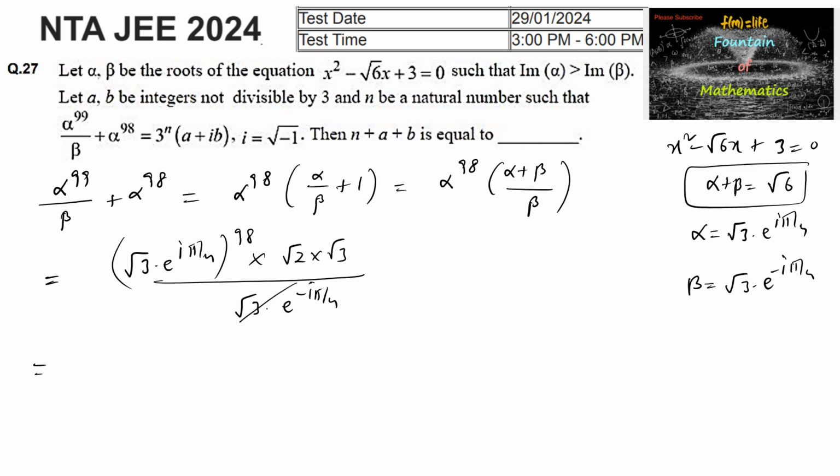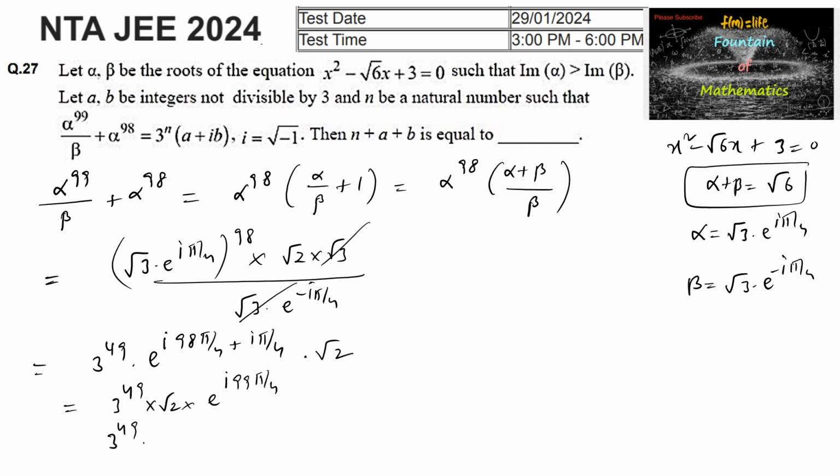So here root 3 gets cancelled, and root 3 power 98 we can write as 3 to the power of 49. 3 power 49 into e to the power of i 98 pi by 4, and again plus i pi by 4 from the denominator, into root 2. Or we can write 3 power 49 into root 2 into e to the power of i 99 times pi by 4.